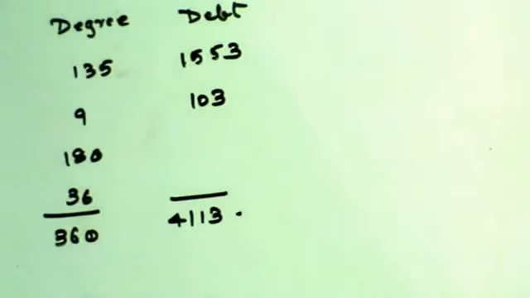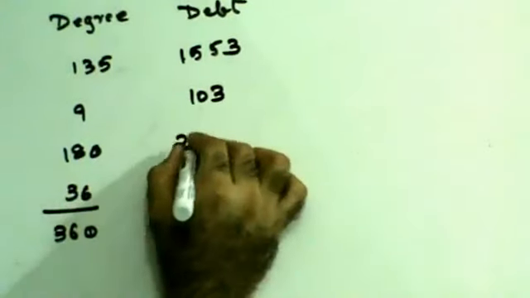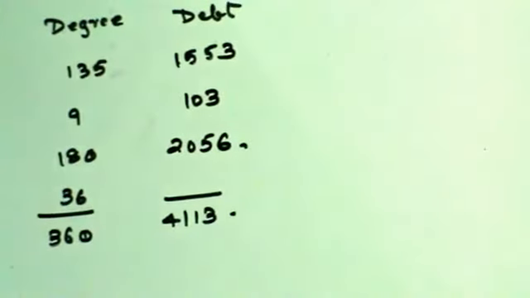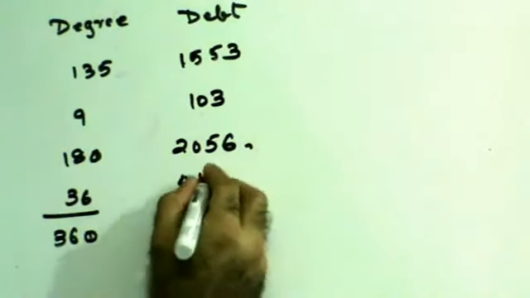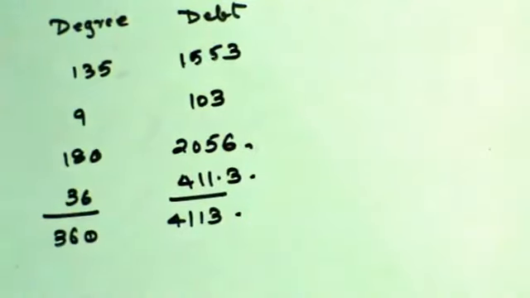Next, T-bills is 180 divided by 360 into 4113, which is 2056. And last is 36 divided by 360 into 4113, which will come to 411.3. So now you know how much is the debt taken by the country in 2 different years.